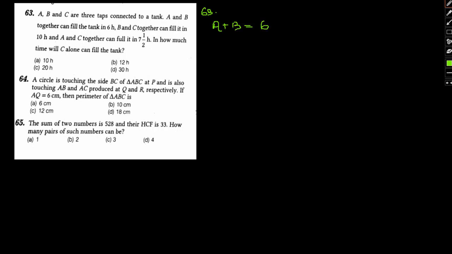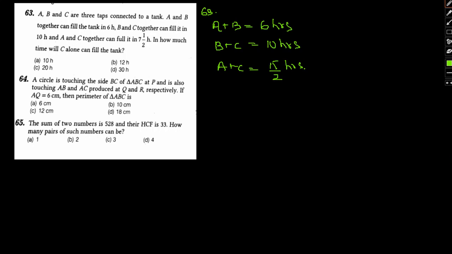B plus C can fill the tank in 10 hours. And A and C can fill the tank in 7.5, or say 15 by 2 hours. Okay, so this is what we have over here.